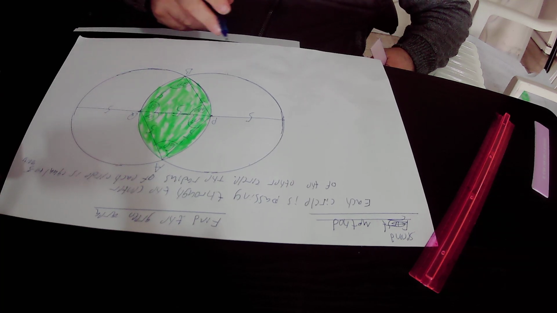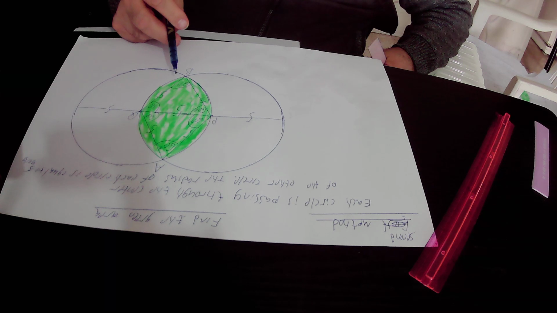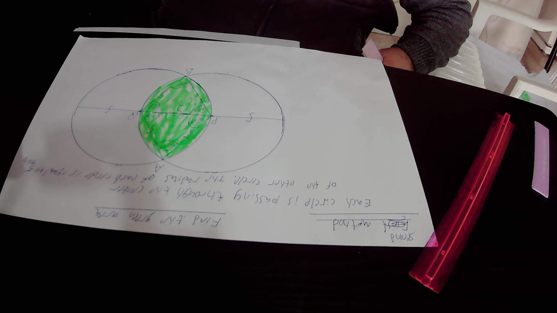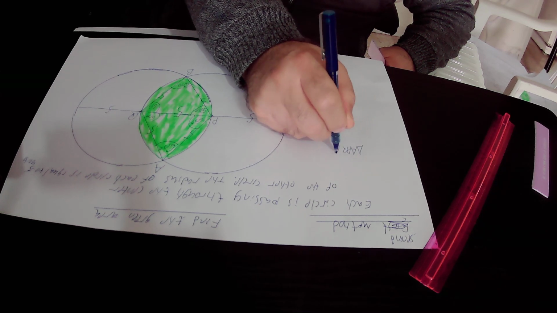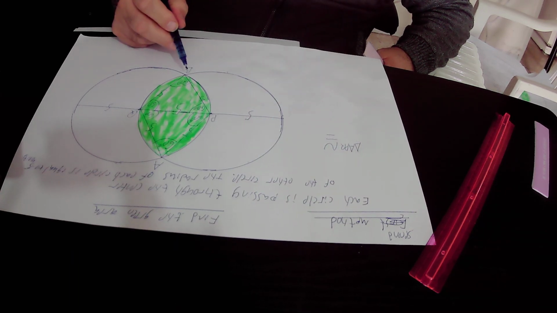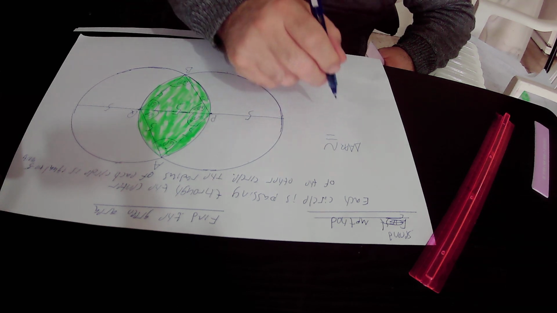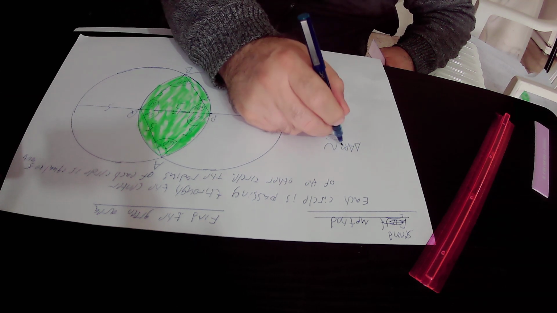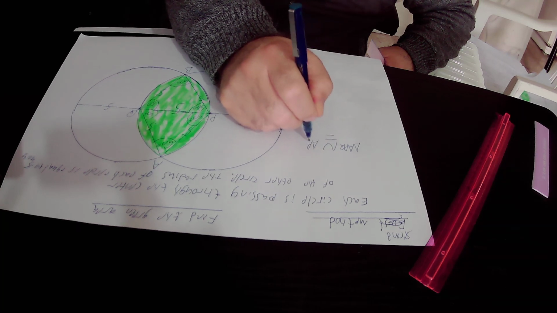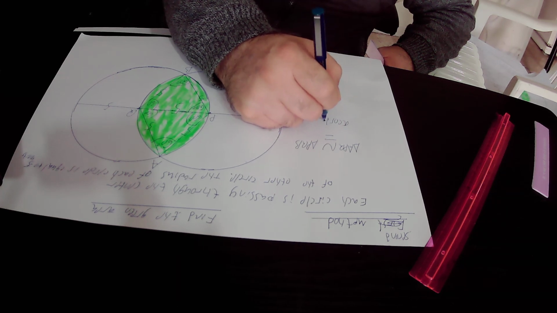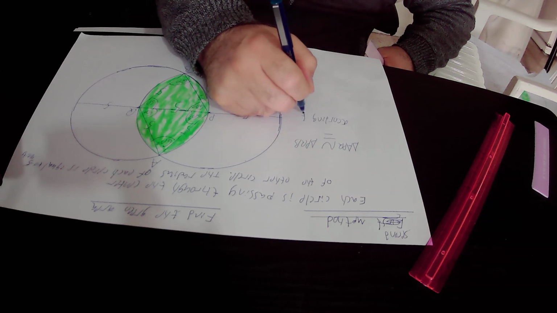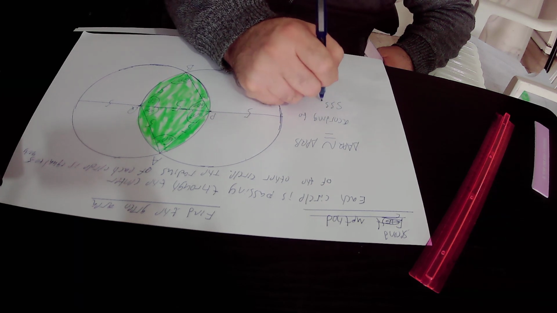And triangle APQ is congruent to triangle PQB according to side rule. I write it down. Triangle APQ congruent to triangle PQB according to side rule.